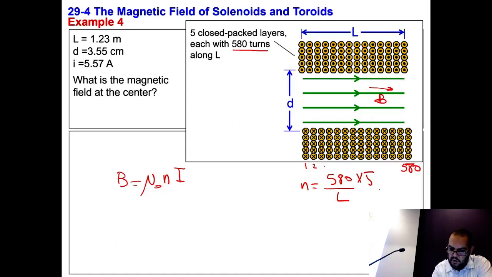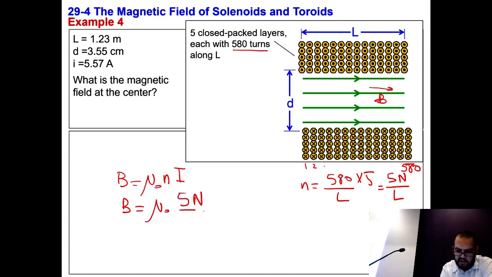So n is 5 times the number of turns N divided by L. We can calculate B as mu 0, which is 4 pi times 10 to the minus 7, times 5 times capital N divided by the length of the solenoid, times I. Notice here we did not even need the diameter D, because the field is not dependent on the radius.